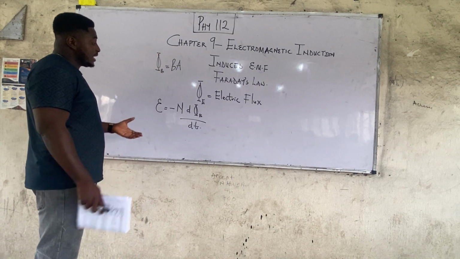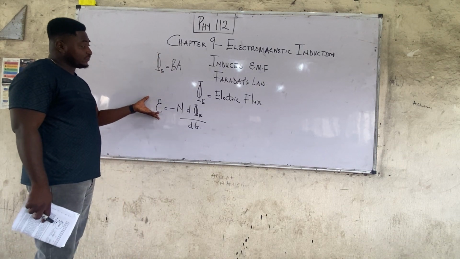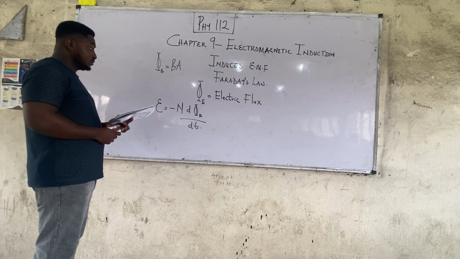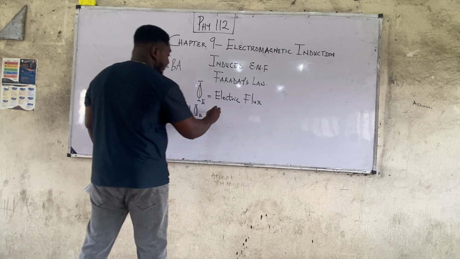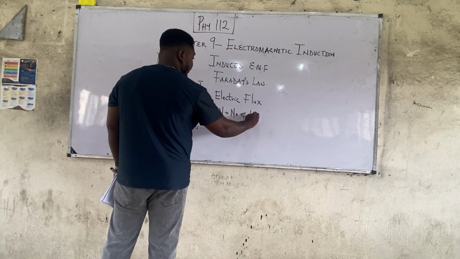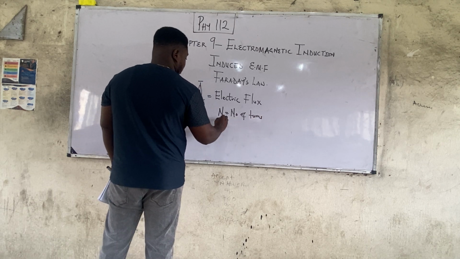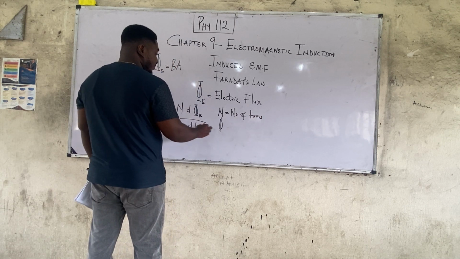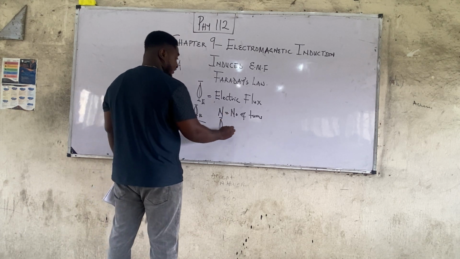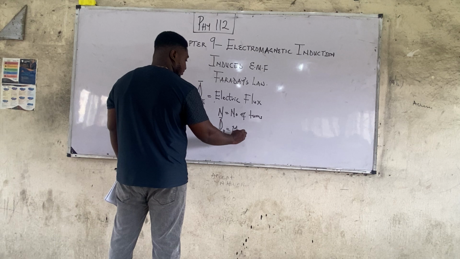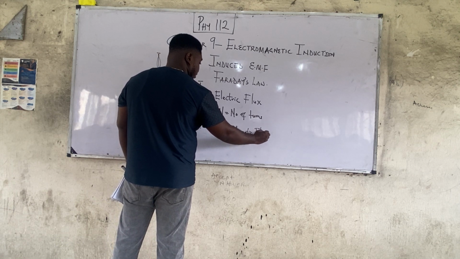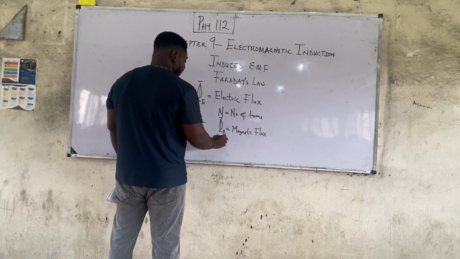The formula for the electromotive force is what we have on the board, where N represents the number of turns, d means change, this symbol stands for magnetic flux, and t is time. Just like we have electric flux, we also have magnetic flux.